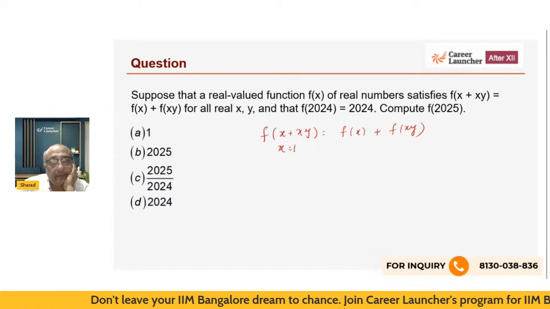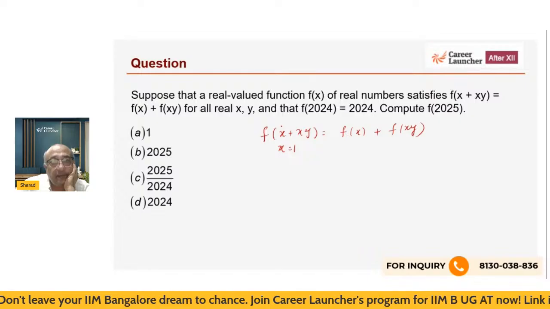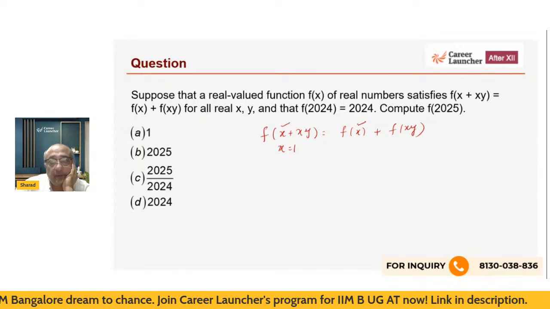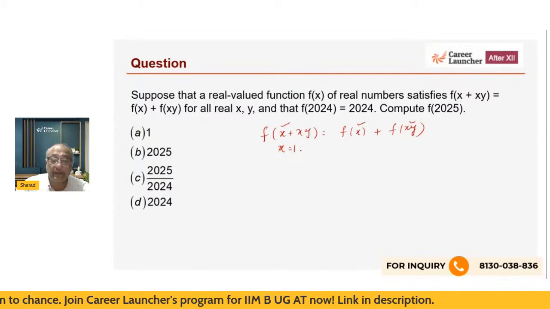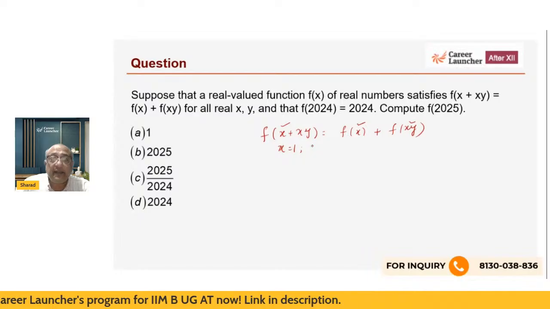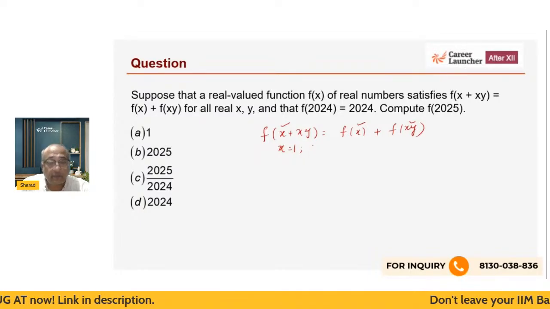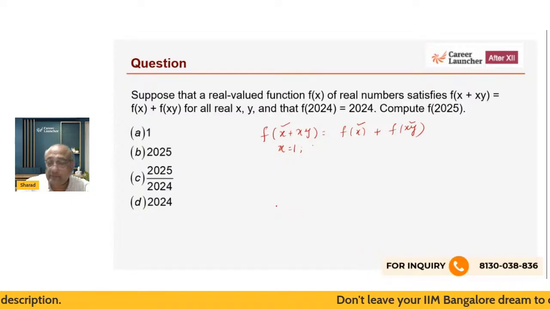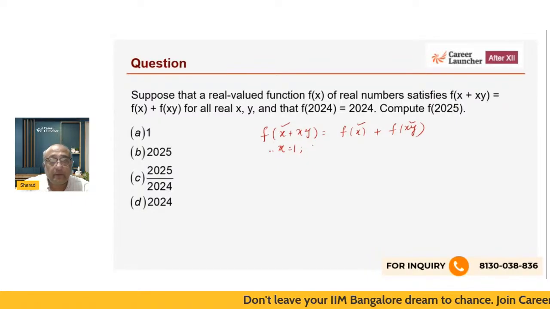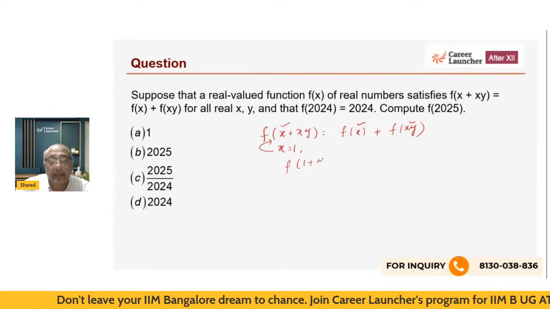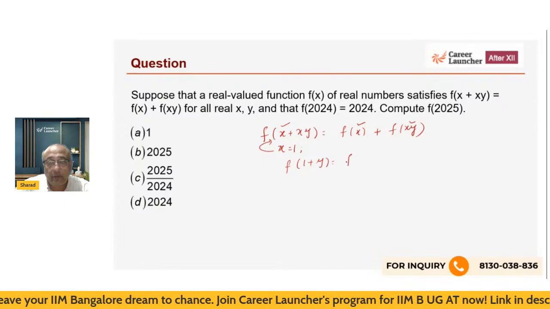Now, from here, if I put x equal to 1, what will happen? This will become 1 plus y, this will become f(1), and this will become f(y). Very good. Okay? So x is equal to 1. If I put it in this, I'll get f(1 plus y) is equal to f(1) plus f(y).